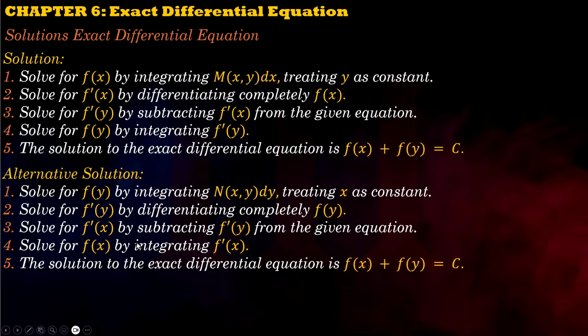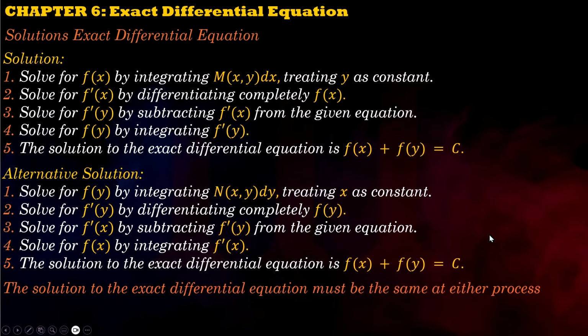Solve for f prime of x by subtracting f prime of y from the original equation. Then solve for f of x by integrating f prime of x. And lastly, the solution of that exact differential equation is f of x plus f of y is equal to c. So we can use either solution and it should come up with the same answer.